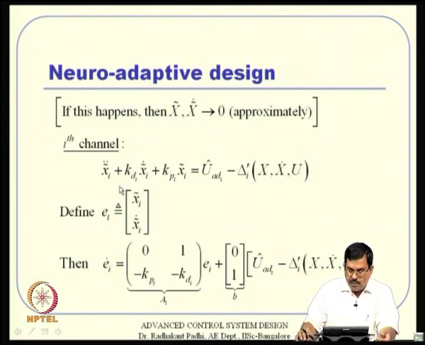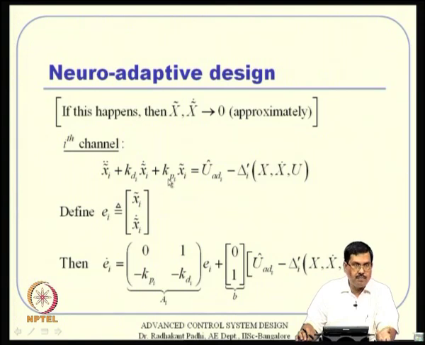Also remember that K_DI and K_PI are selected to be positive so that, if this is equal to 0, this is like an ideal aerodynamics. That means K_DI and K_PI are selected in such a way that the roots of this characteristic equation are always in the left half plane. If that happens, then this A_I matrix is certainly Hurwitz, because A_I comes from there, it does not come from anywhere else.